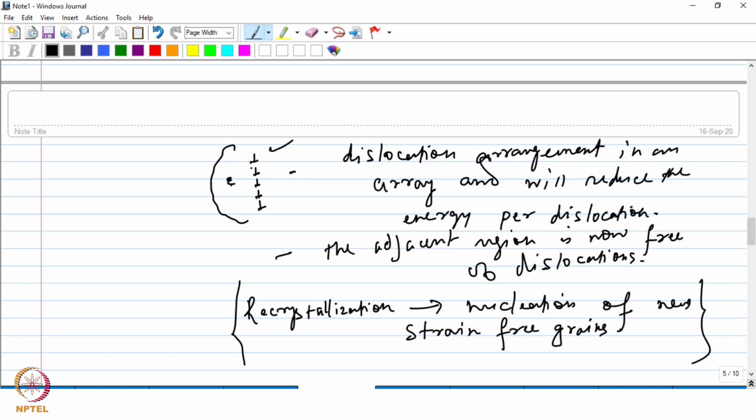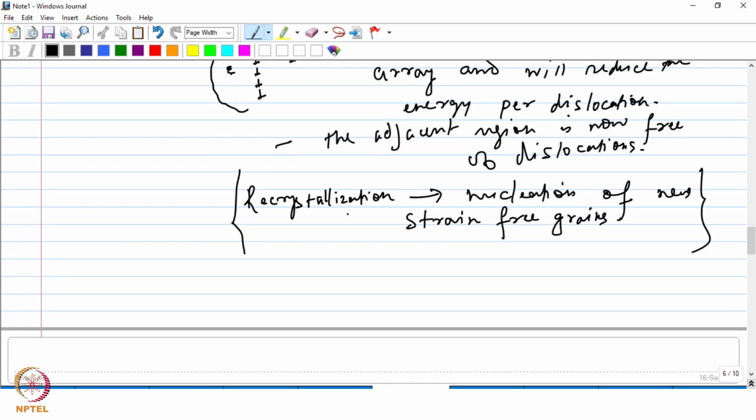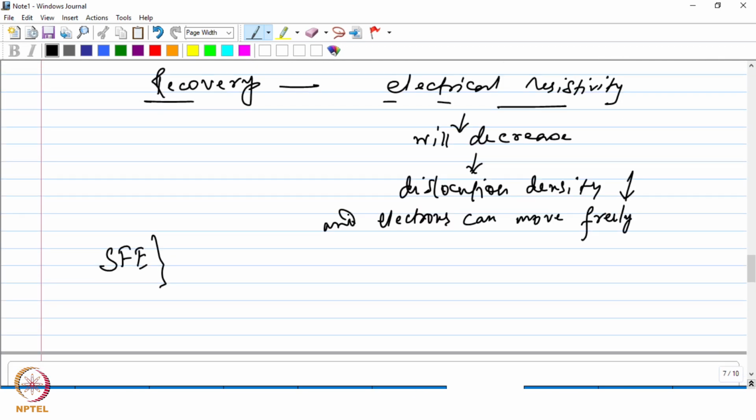So for this to occur, you need the dislocations to move freely, so that they can come and join along these regions, forming this kind of arrays. Okay. So as you know, stacking fault energy is one parameter which controls the cross slip of dislocations.